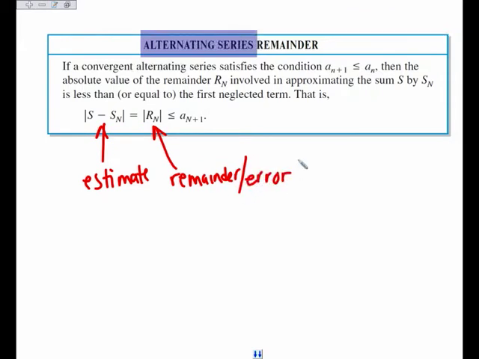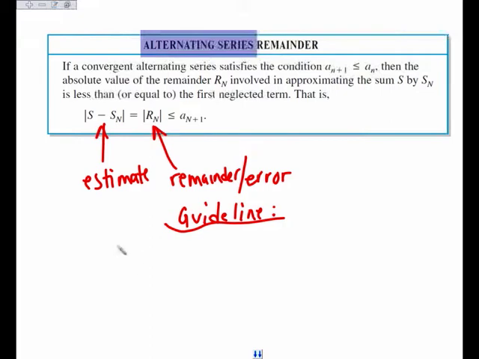And because of the behavior of alternating series in which the terms are decreasing, that remainder is always going to be less than the term that you omit. And so we're going to also propose a special guideline for helping us to compute these errors, or the remainder, if you will.